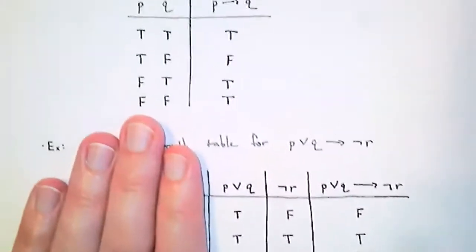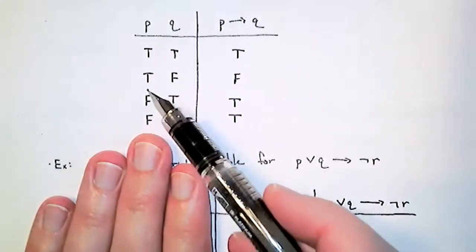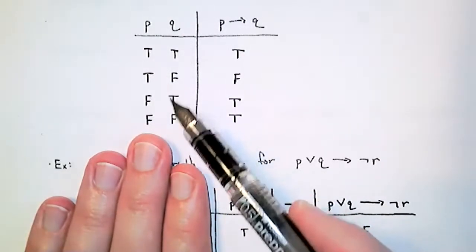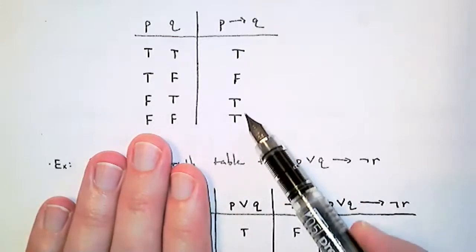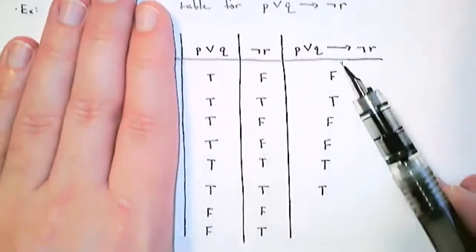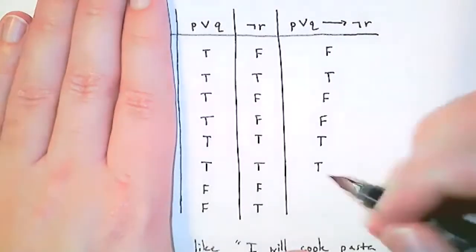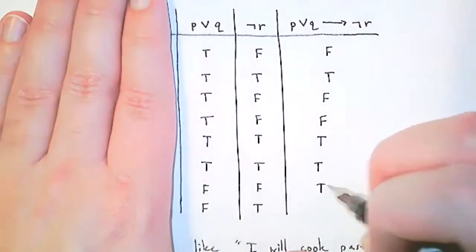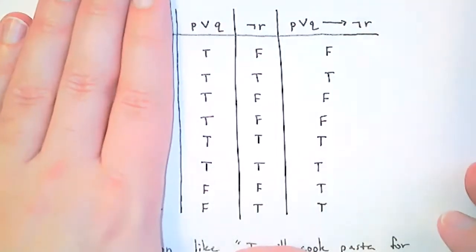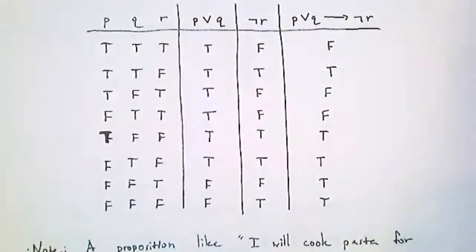In the original truth table, we saw that if the hypothesis is false, then the conclusion doesn't really matter. It's just always going to be true. So both of these rows will have trues. Okay, so that's how you finish it off.